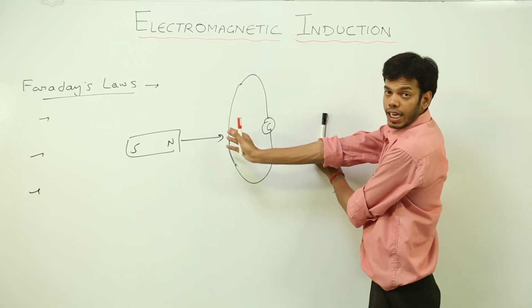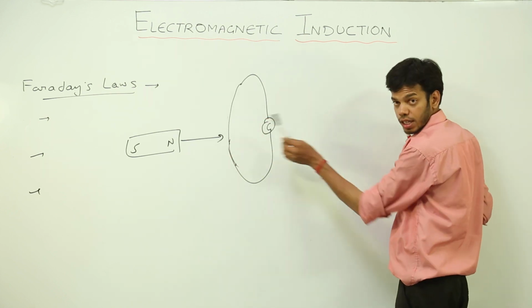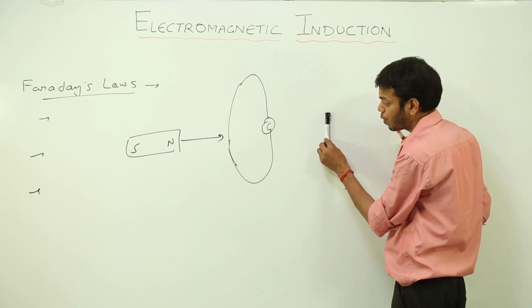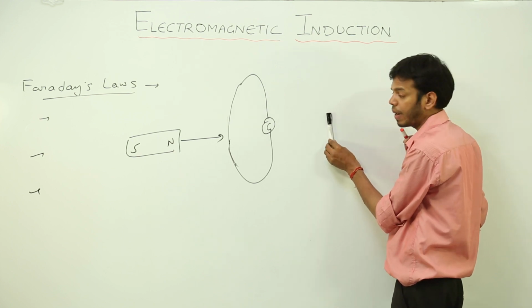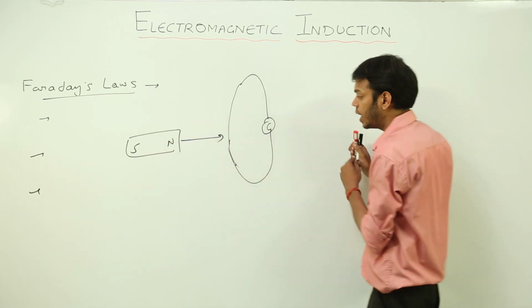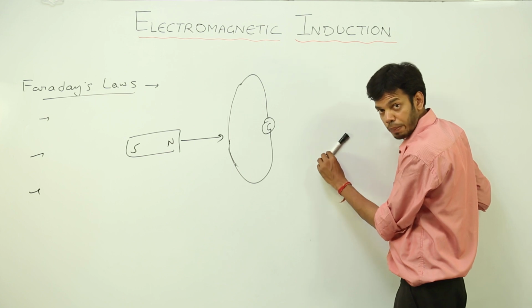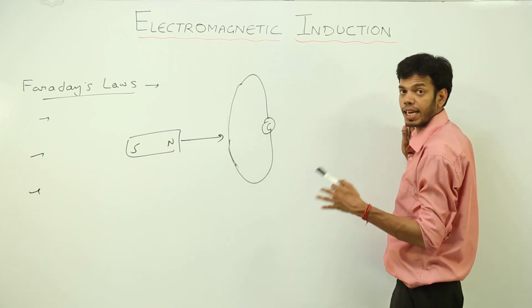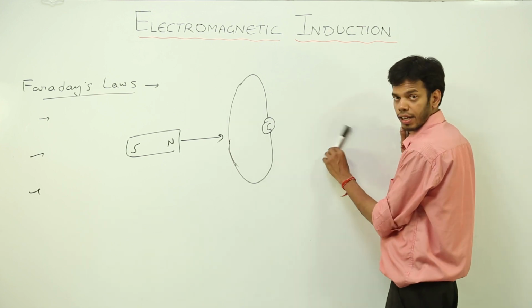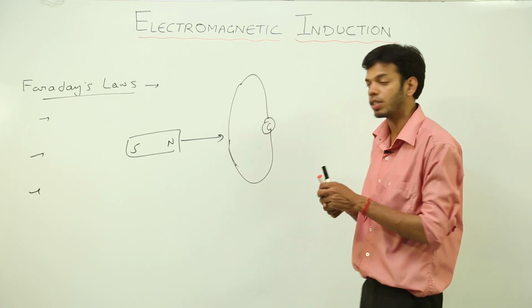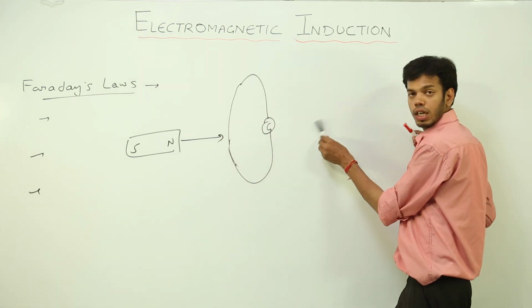When the magnet was taken away from the loop, again there was a deflection, but this time in the opposite direction, and again it went back to zero. See the difference. Whichever side the deflection takes place when the magnet is getting closer, the reverse happens when the magnet is taken away from the loop. So the direction in which the magnet moves makes the difference in the deflection.